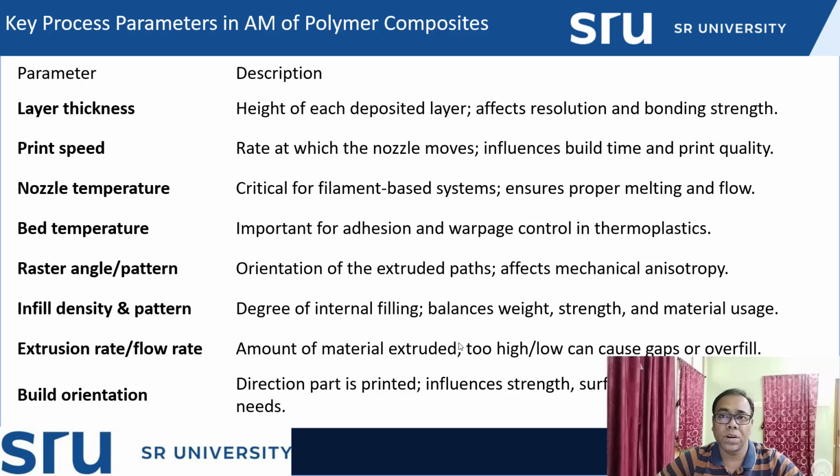Similarly, sometimes the bonding strength will also not be proper because of the higher layer height. So one has to optimize the layer height; an optimal layer height will be required for the particular product. Based on that, one can recommend and use a certain layer height.